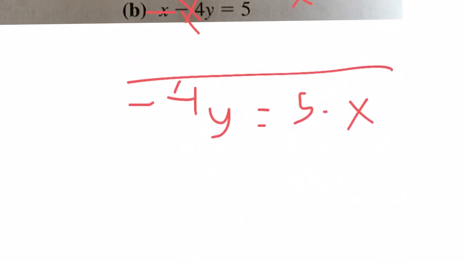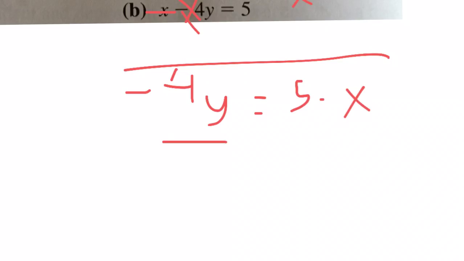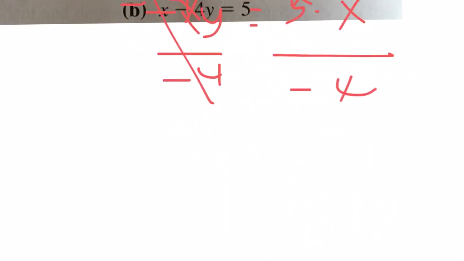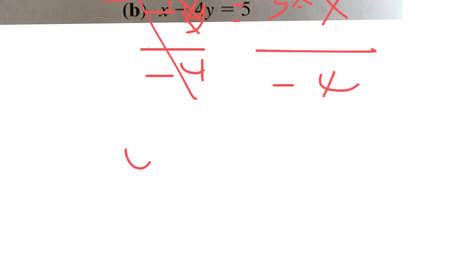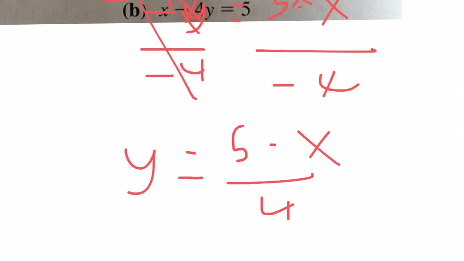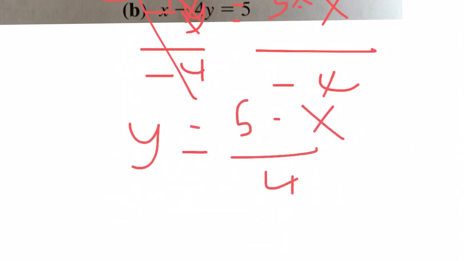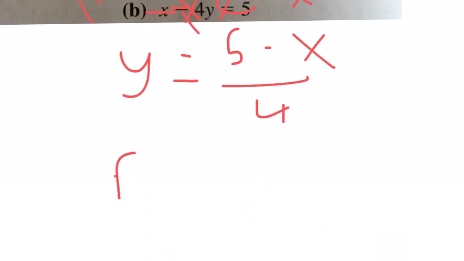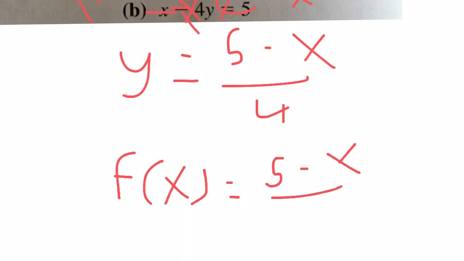Now, divide by negative 4, and y is equal to 5 minus x over 4. Or you could rewrite that, that'd be f of x equals 5 minus x over 4.